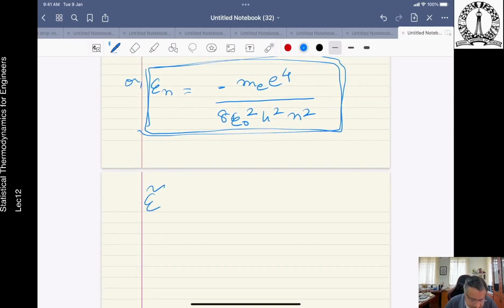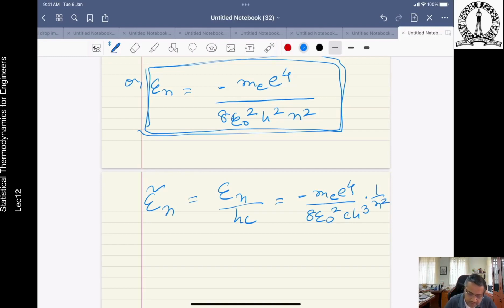Okay, now if the energy is written in a wave number space form, it is given as minus m_e e to the power of 4 divided by 8 epsilon naught square c h cube into 1 over n square.